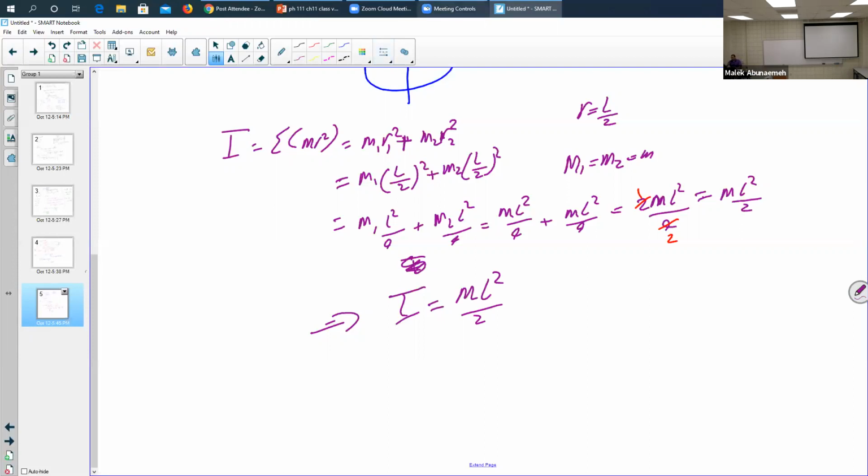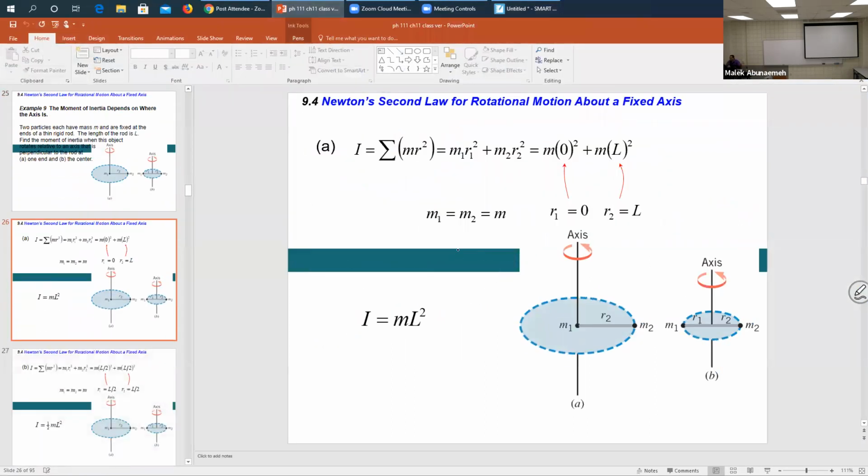Let's check if we have the right answer. Again, your I equals the summation of all your masses multiplied by your radii squared, so M1 R1 squared plus M2 R2 squared. For the first one, R1 is 0 because we're rotating around the end axis. So this one equals M2 R2 squared, where R equals L, so it'd be M L squared.